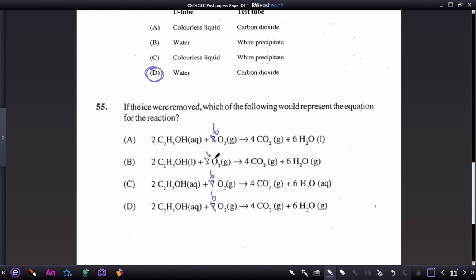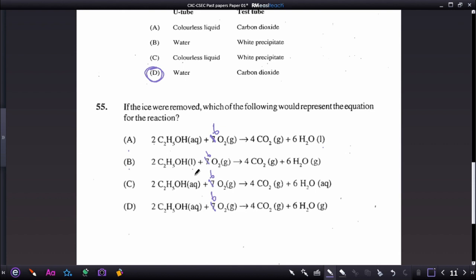Now, if the ice were removed, then we would have steam being formed instead of the liquid, right? So in the case of the ice, we get A. In the case without the ice, we get B. No, sorry, B has L right there.